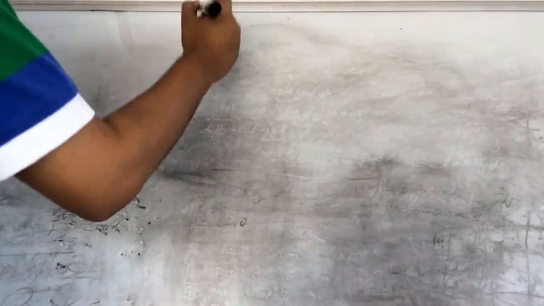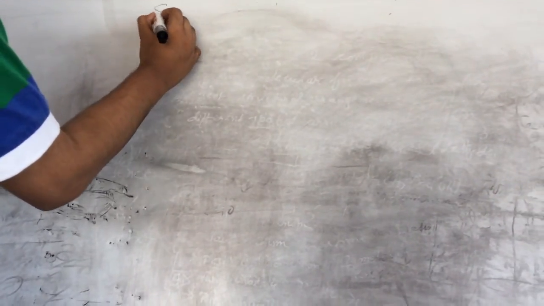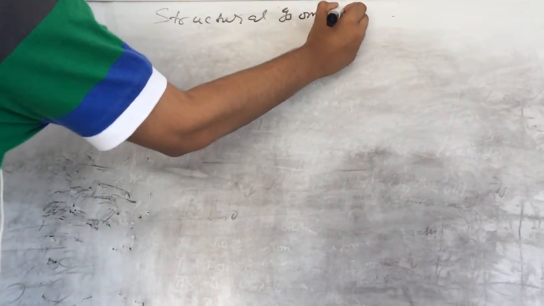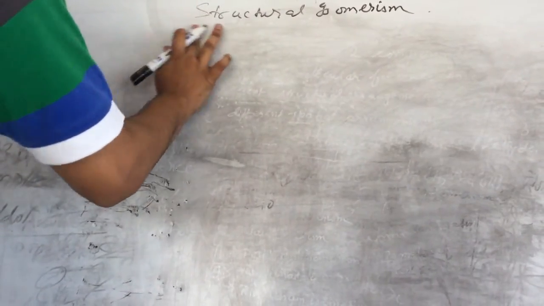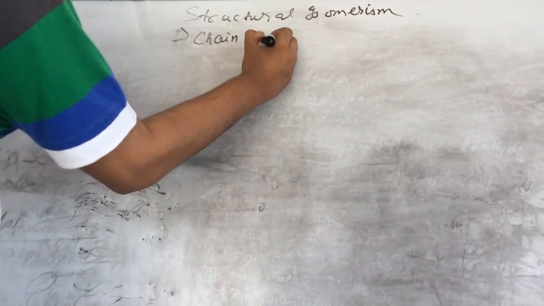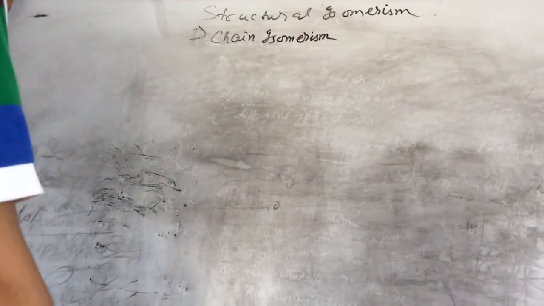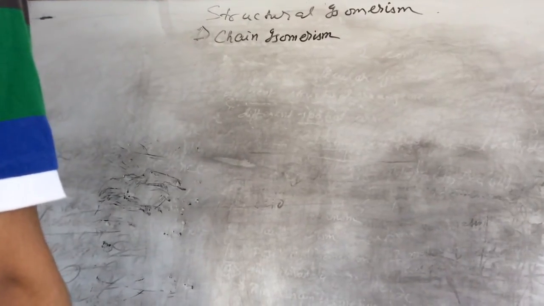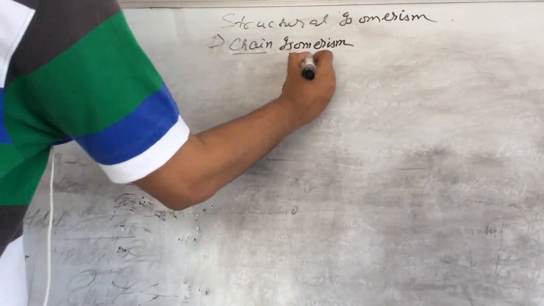So we are going to start the first of structural isomerism, that is chain isomerism. First we write structural isomerism. So we are going to start chain isomerism. It is the type of isomerism that is resulted due to variation in the carbon chain or carbon skeleton, but ultimately results in the same molecular formula. You will better understand this when I give an example.